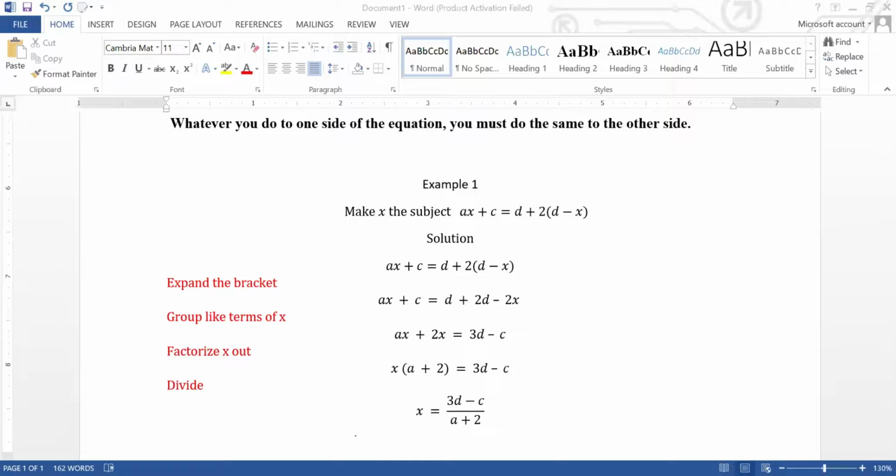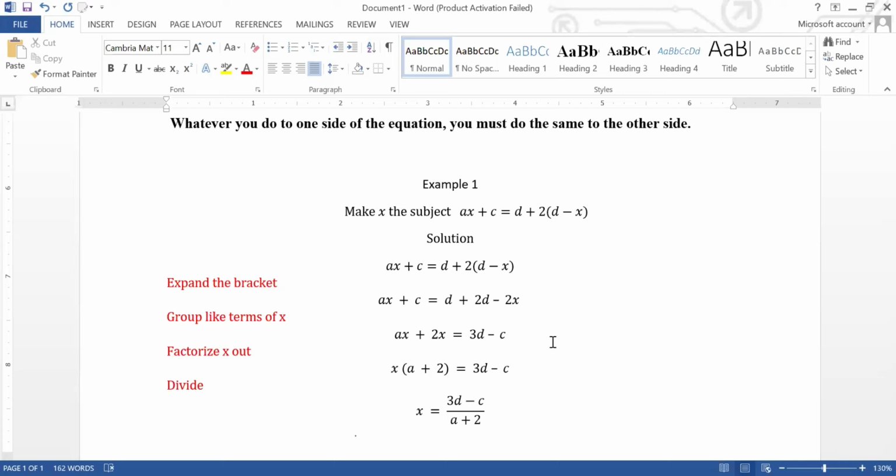Our first step, if there is a bracket, is to expand the bracket. So we rewrite the expression and expand it: ax plus c is equal to d plus 2 multiplied by d giving 2d, and positive 2 multiplied by x giving minus 2x, because the minus always overcomes a positive.